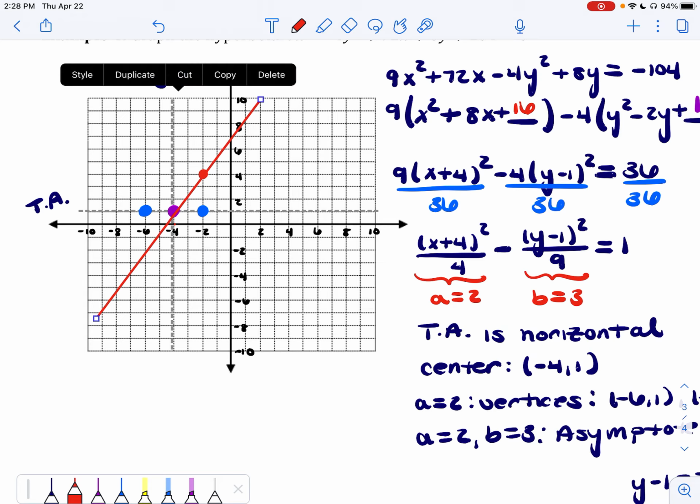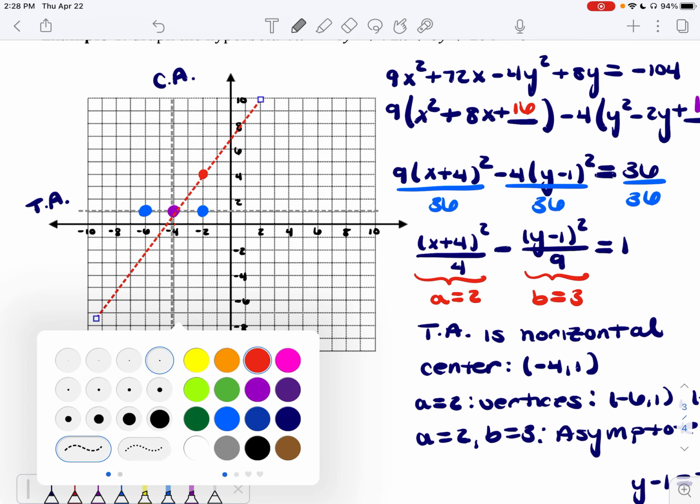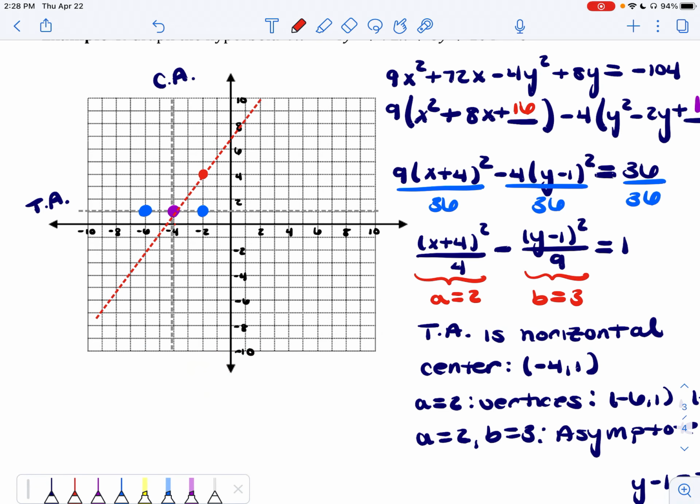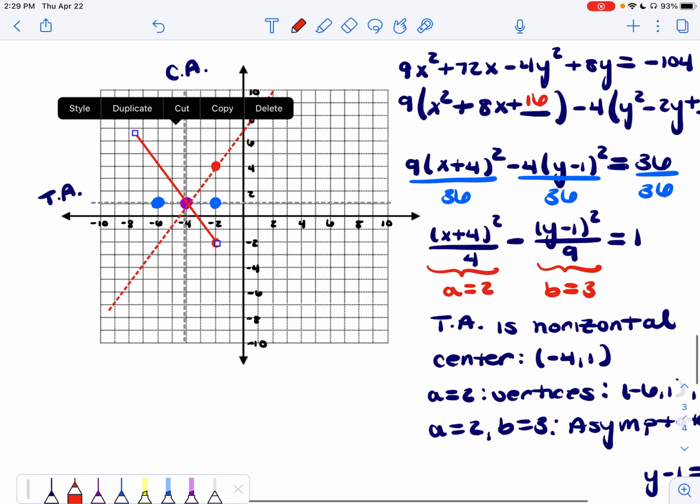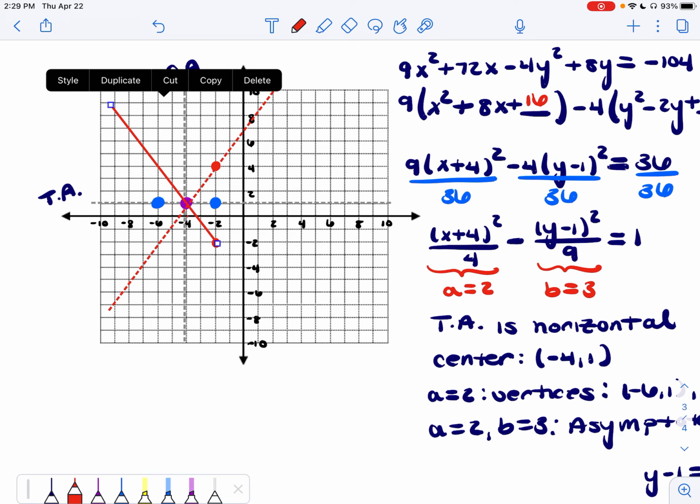Something like that. And we're good. And then just same for the negative slope. So again, from the center, I'm just going to go down 3 over 2 and plot my point. That gives us our asymptotes.